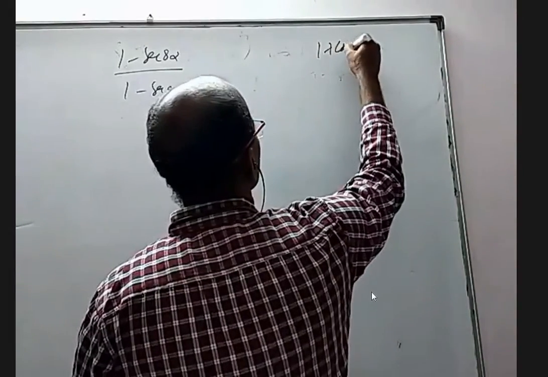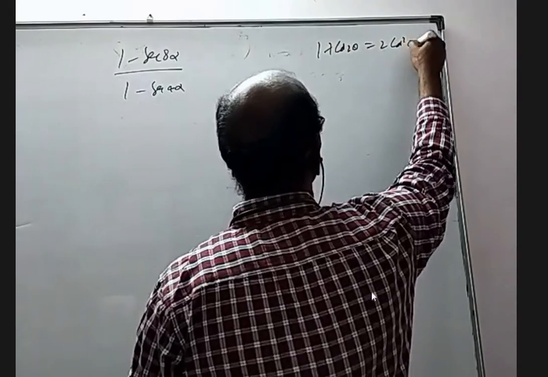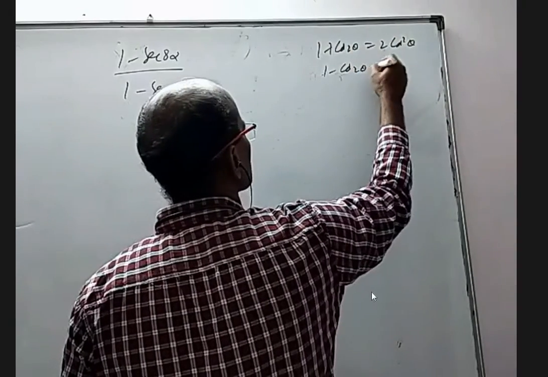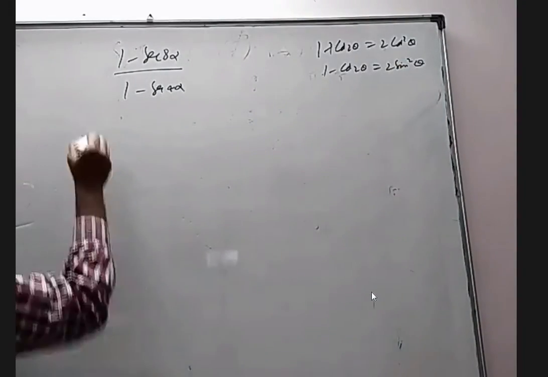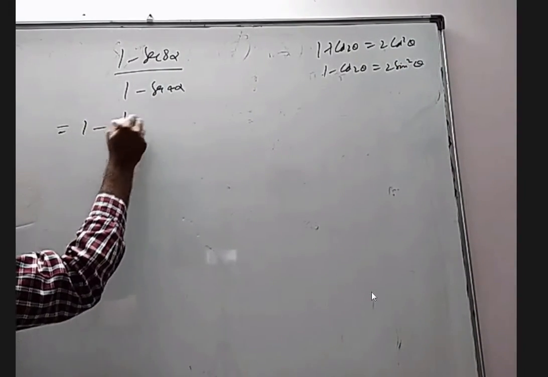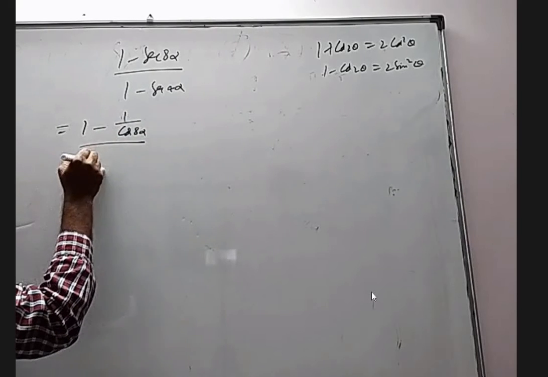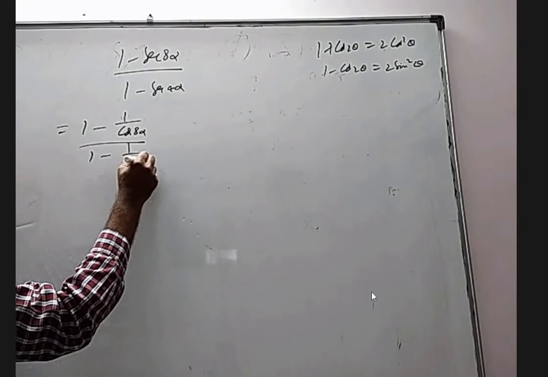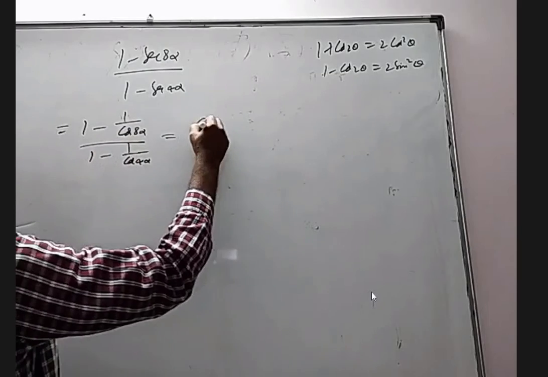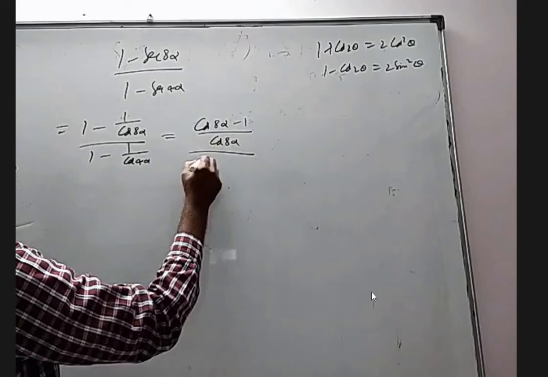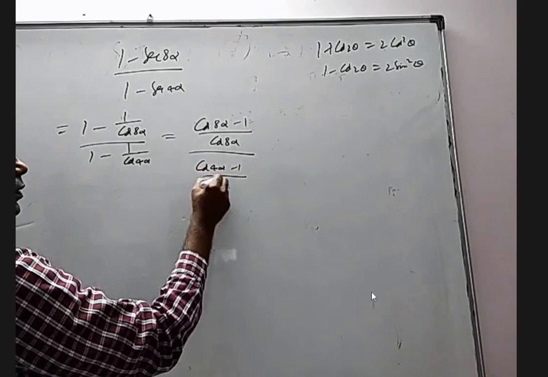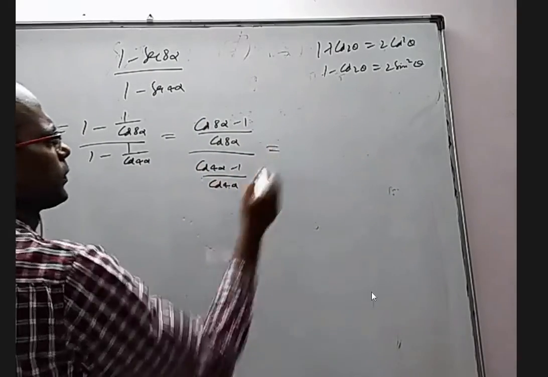One is 1 plus cos 2 theta is 2 cos square theta. 1 minus cos 2 theta is 2 sin square theta. So I'm going to write secant 8 alpha as 1 by cos 8 alpha, secant 4 alpha as 1 by cos 4 alpha. If I take LCM, cos 8 alpha minus 1 by cos 8 alpha, cos 4 alpha minus 1 by cos 4 alpha.